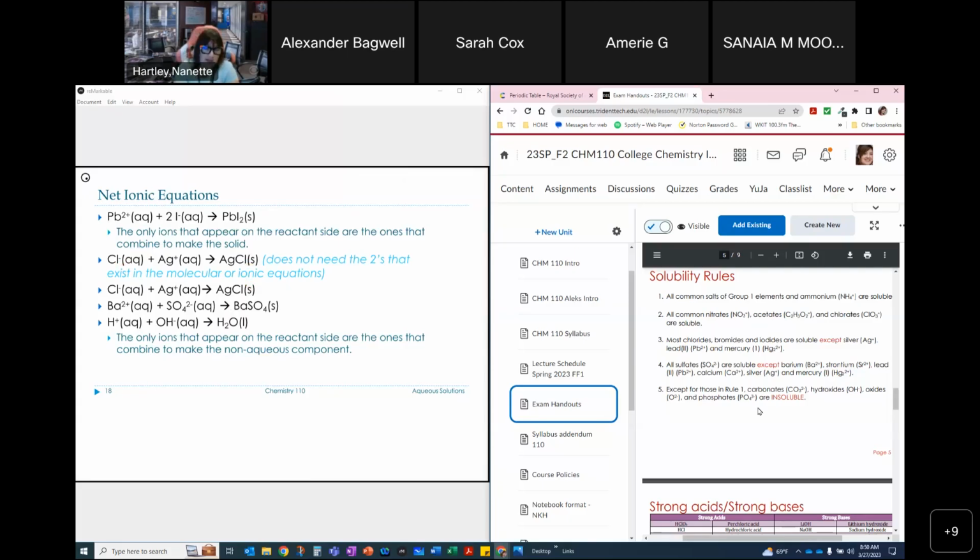When we talk about our Ba and SO4, we have Ba2+ and SO4 2− to give me BaSO4 solid. And then H+ and the OH− going to the H2O. Okay. So only the ions on the reactant side that make those solids appear. Those are the only things that we care about.